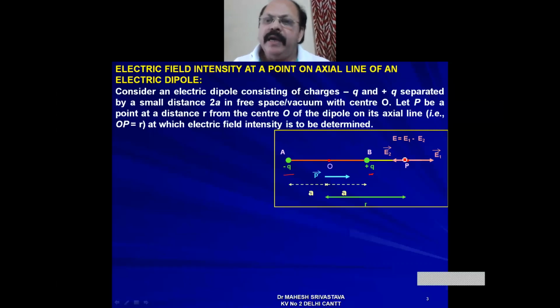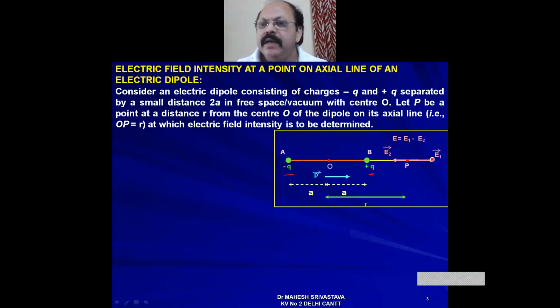Since electric field intensity depends on distance, the plus Q charge is at a smaller distance from point P. Therefore, the electric field intensity at point P due to plus Q charge is greater than that due to minus Q charge.